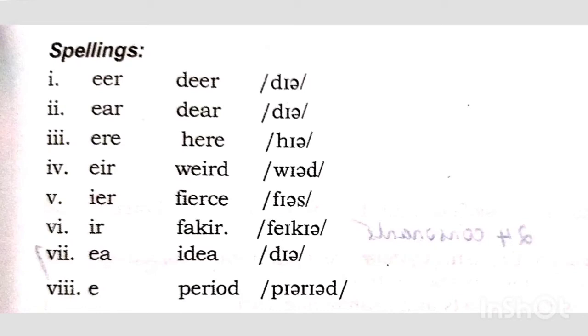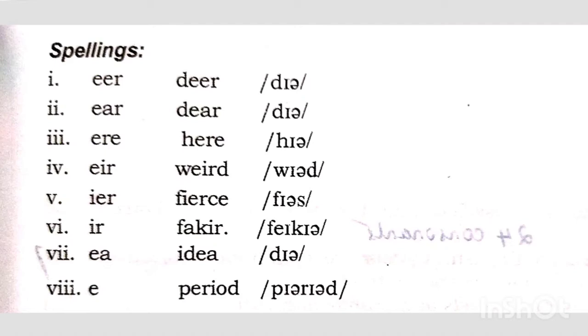But it's supposed to be dear. Here the letters E, A, and R stand for the glide ear. The word here: E, R, E are the letters which stand for the glide ear. And in weird, E, I, and R represent the glide ear.